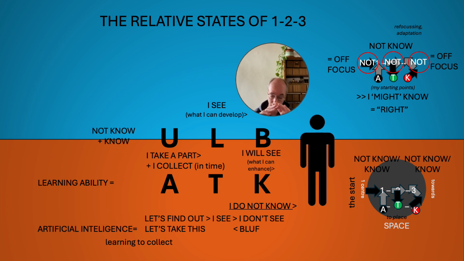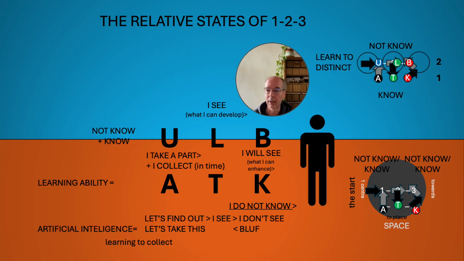And thanks to that, losing it a little bit, you can also refocus at the same time. That refocus is at the same time a slight adaptation, refocusing upon the same points of A, T, and K on the next level, into a two-dimensional frame, where it actually says, okay, here's my middle point in U, which also includes that I know that from my viewpoint, from where I have my middle point, a whole set of things are not included in it yet.